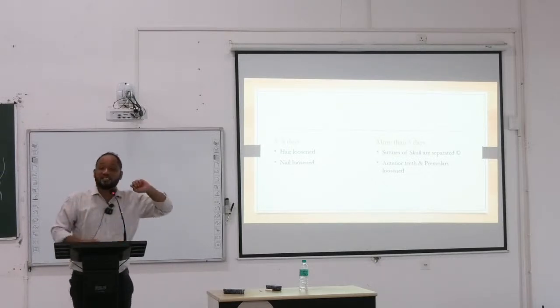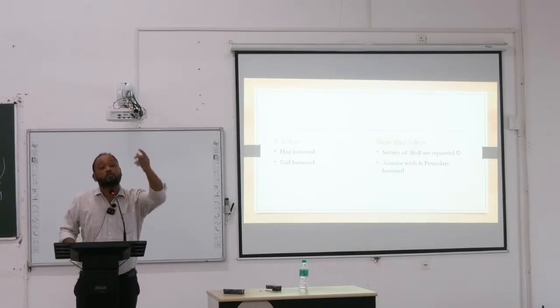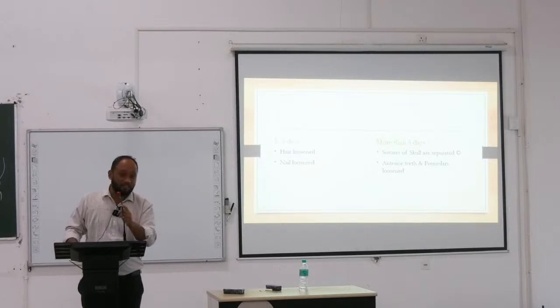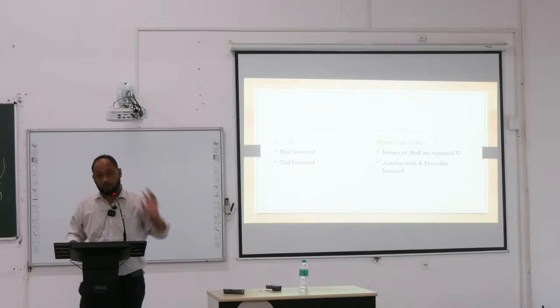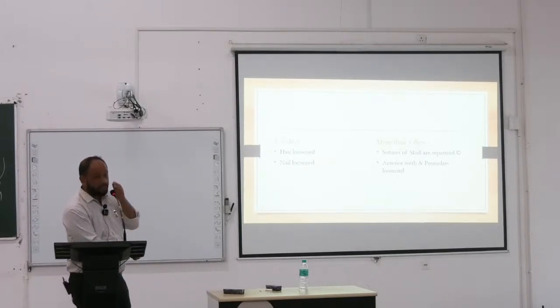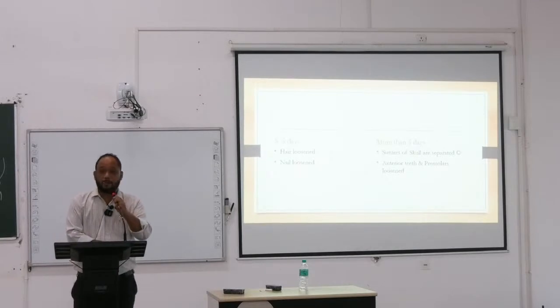And more than 5 days, socket, teeth will be loosened. The book says they come out, but I have never seen teeth come out. For that to happen it needs intervention, a lot of pulling, whatever, but teeth will be loosened, okay? Now in C, this is child. In case of child, the skull sutures will be disarticulated or separated, okay?